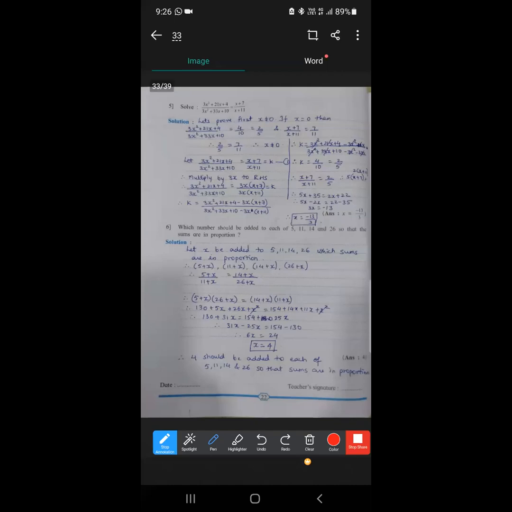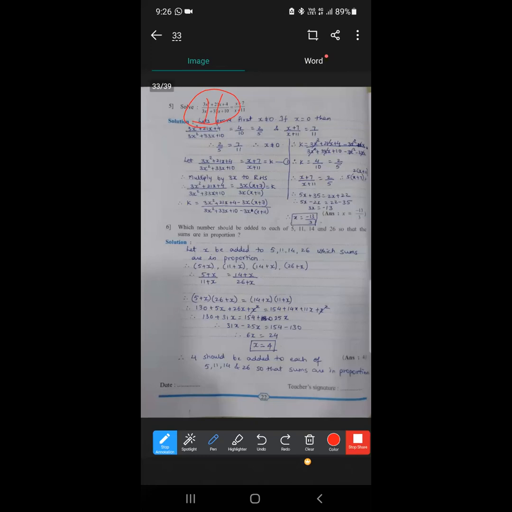Why? Because if I say that x is equal to 0, then in the left hand side these two terms will get cancelled, because if the value of x is 0, then what remains? 4 upon 10.